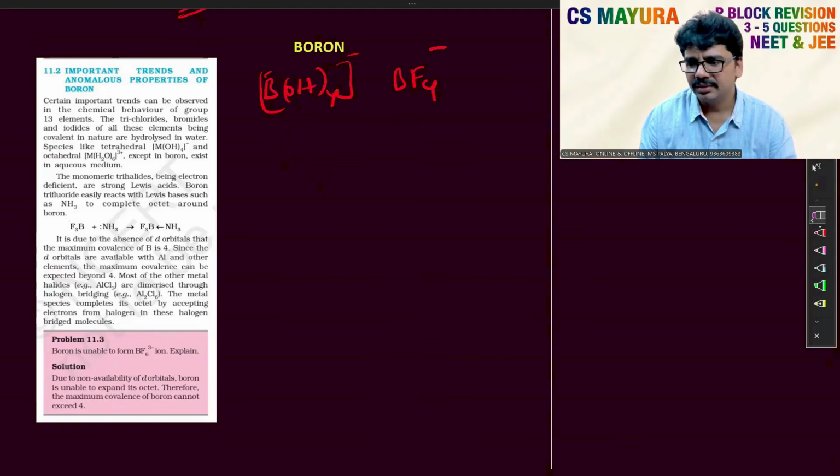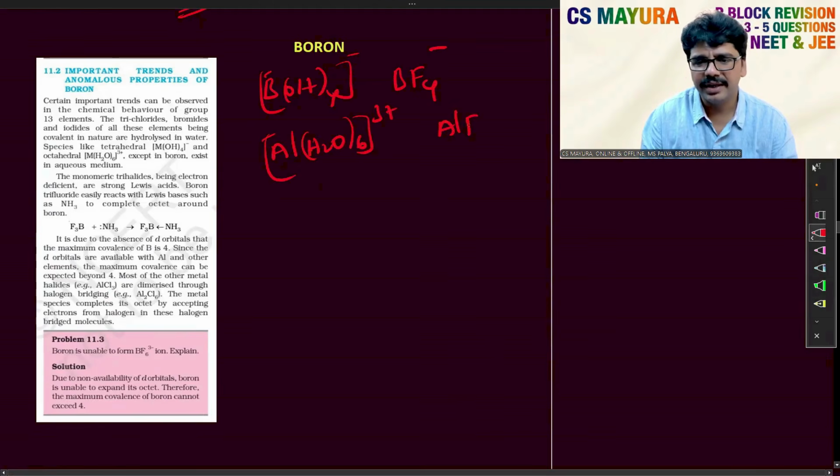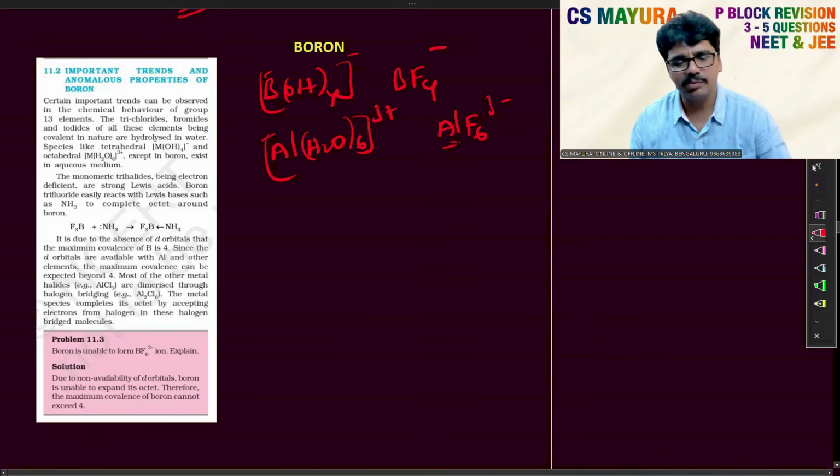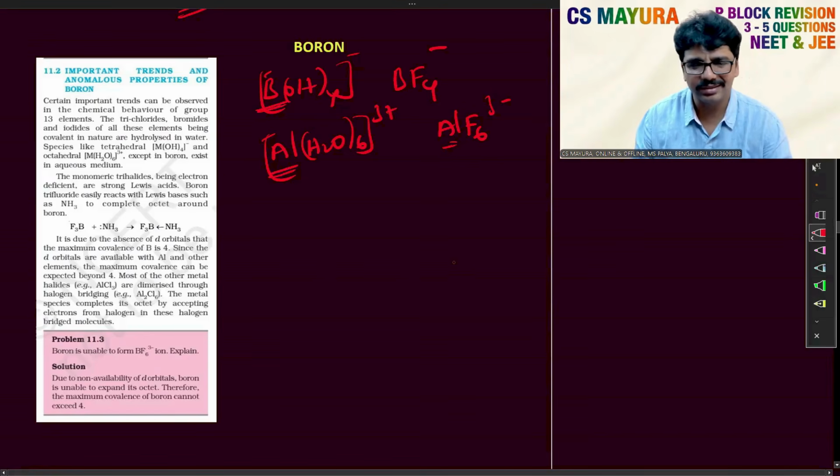That is different from boron: Al(H2O)6 3+ or AlF6 3-. So some properties of boron are different from aluminum. Boron maximum valence is 4, aluminum maximum valence is 6. We discussed already, due to absence of vacant d orbitals in boron, it cannot extend its valency.